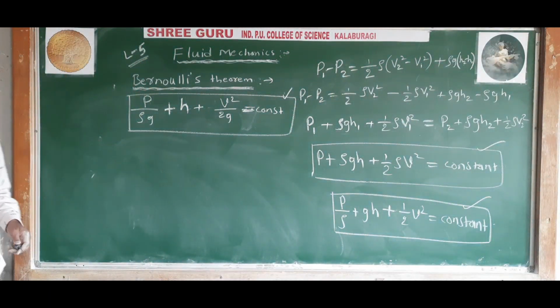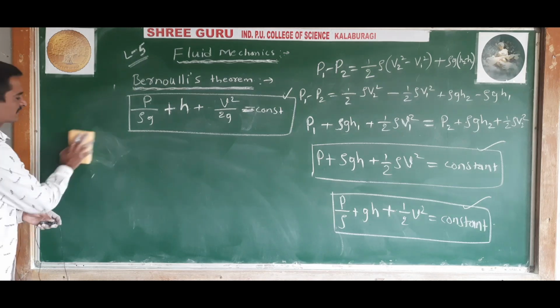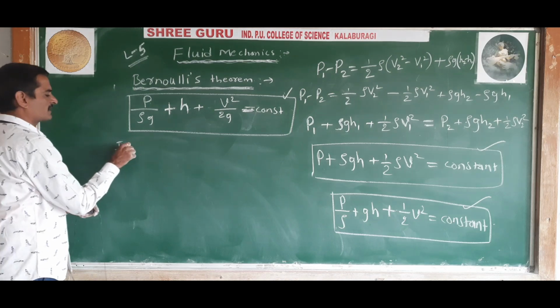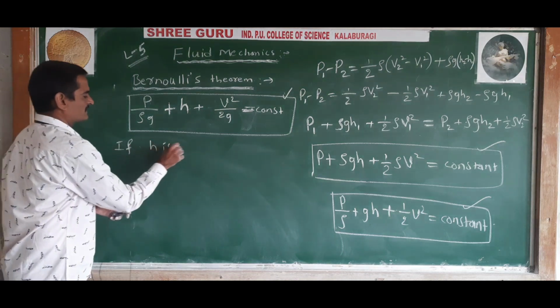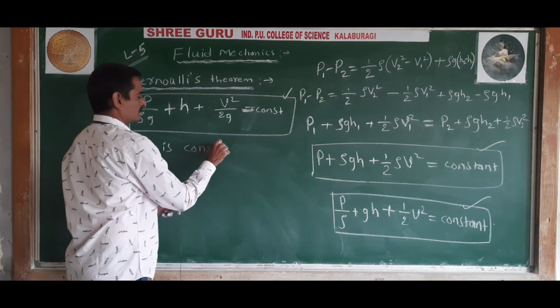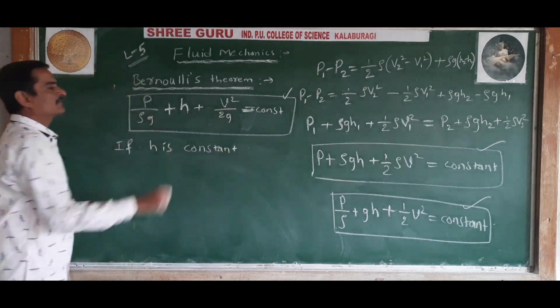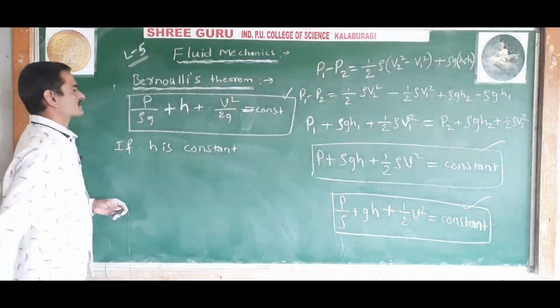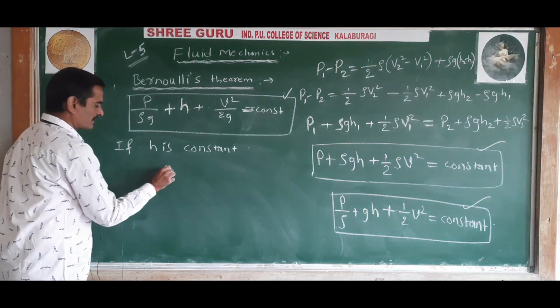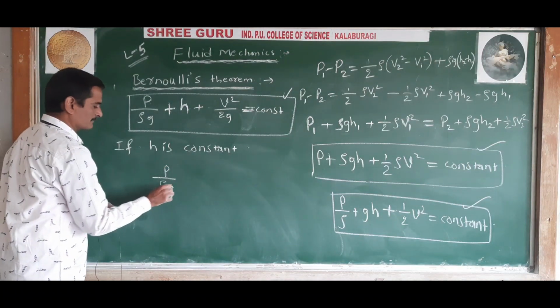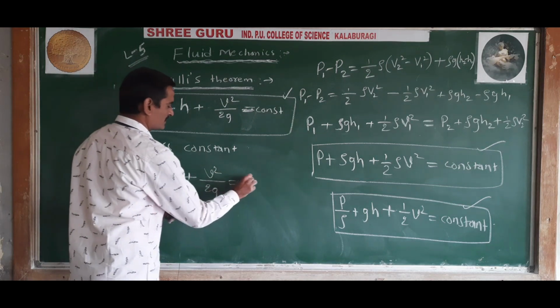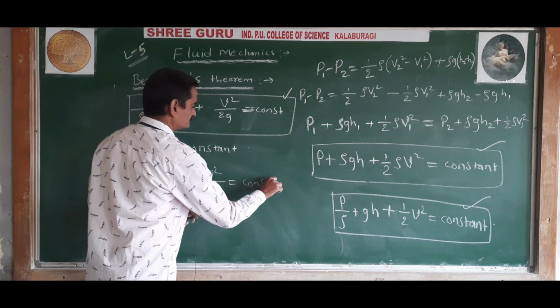And now, what we observe from this: if H is considered to be constant, then what happens? If H is taken as constant in this equation, or any of the equations, then P divided by rho g plus V square divided by 2g will remain a constant.